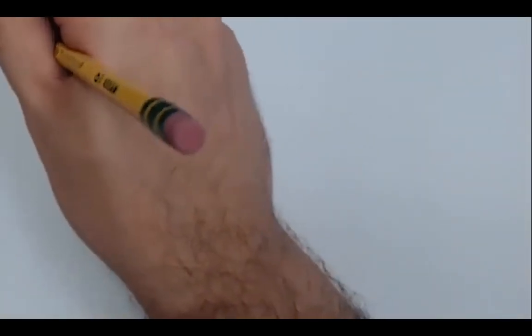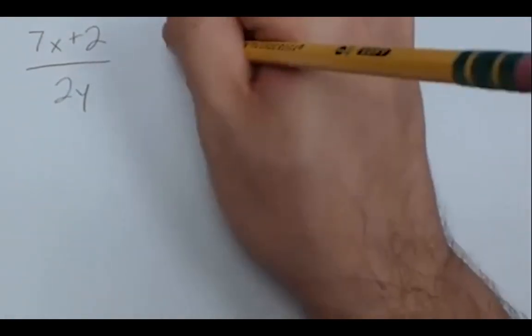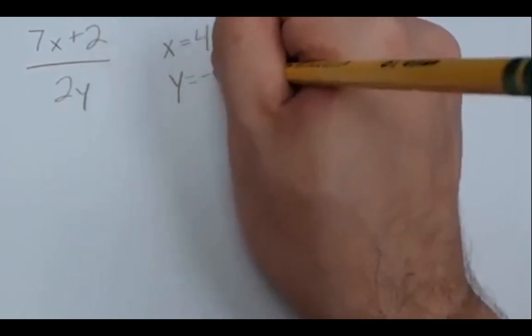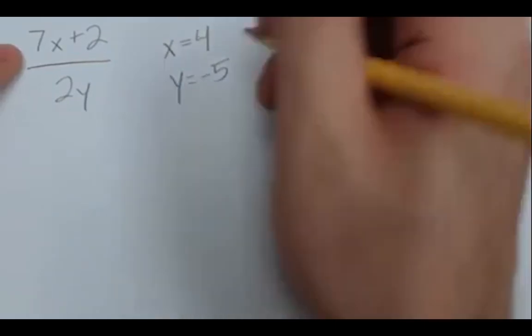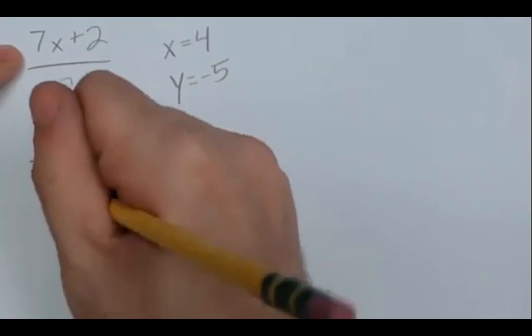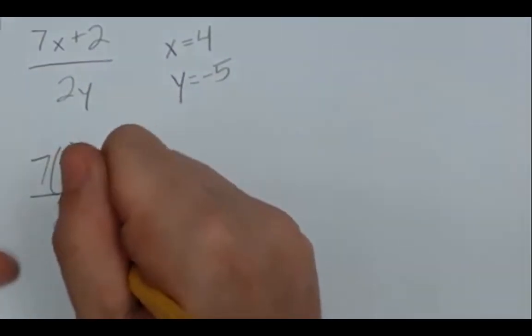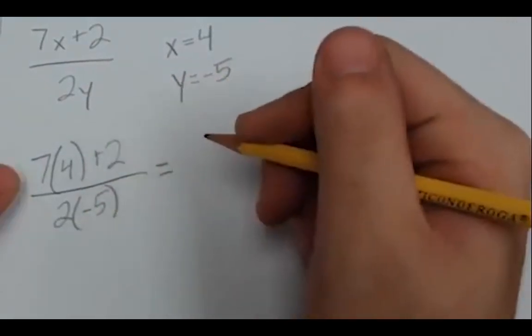We want to evaluate 7x plus 2 over 2y when x equals 4 and y equals -5. Plug in 4 for x. Plug in -5 for y.